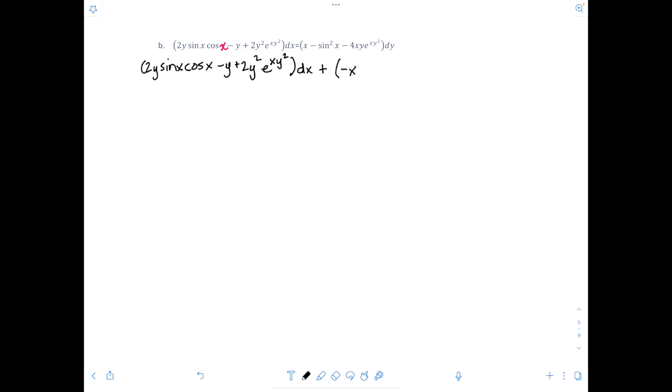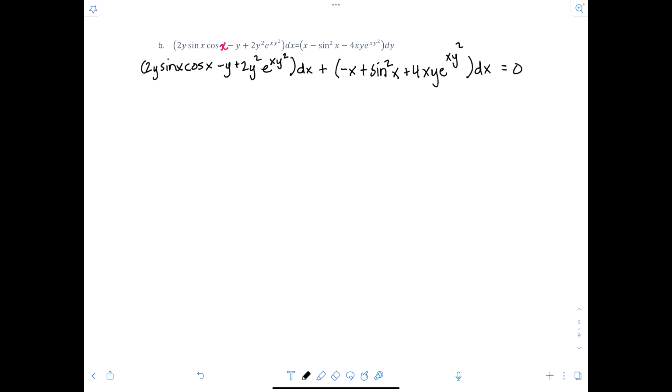So I'm going to distribute the negative through because we have to get it on the other side of the equation. So we're going to have negative x plus sine squared of x plus 4xy e raised to the xy squared, all of that times dy is equal to 0. Cool?